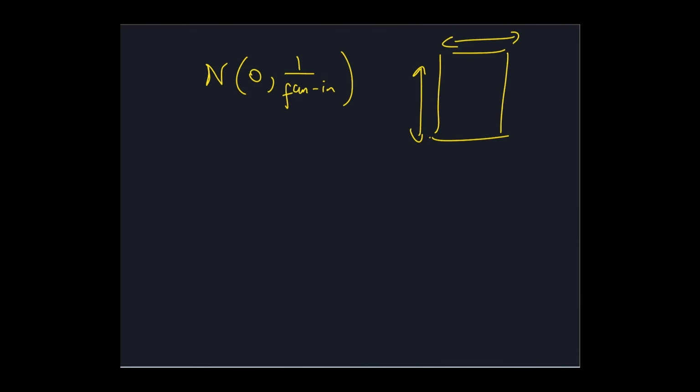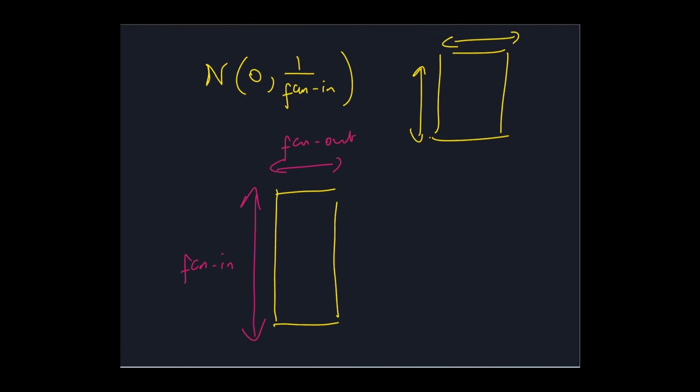But it ignores a fact of linear algebra: if you have a matrix where the fan in, the input dimension, is much larger than the fan out, then the special fact about this matrix is it has a huge null space, meaning that a lot of the inputs are going to get mapped to 0.